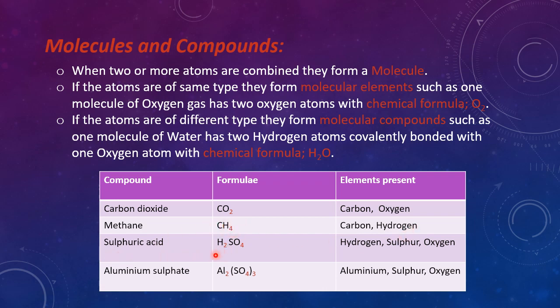Sulfuric acid, hydrogen, sulfur, oxygen: hydrogen 2 atoms, sulfur 1 atom, oxygen 4 atoms. Aluminium sulfate has aluminium, sulfur, oxygen: 2 aluminium atoms, 3 sulfur atoms, and 12 oxygen atoms, altogether 17 atoms.